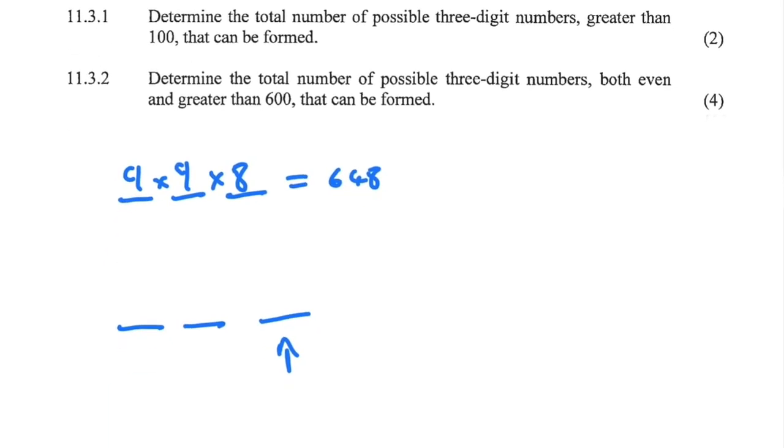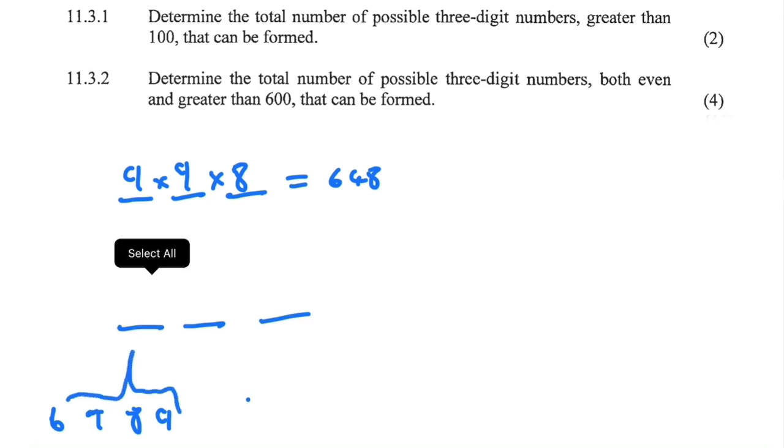And here on the first spot, we need a number which is 6 or greater than 6. But there's a conflict of interest. So on the first spot, we can occupy that spot with either 6, 7, 8, or 9. These are the numbers that can occupy the first spot.